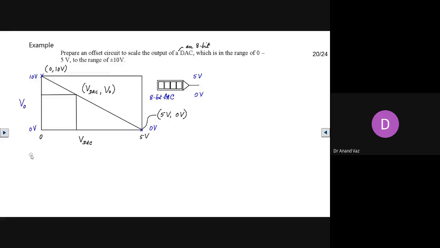So V output minus 0 divided by V DAC minus 5 volts, and this should be equal to 10 minus 0 divided by 0 minus 5.